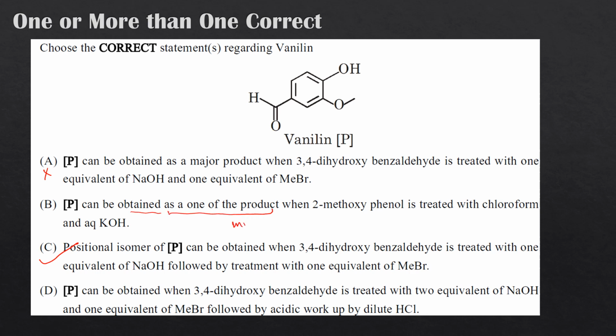It was not major, it was the minor one, but it was definitely one of the products. That's a true answer. And option D said that 3,4-dihydroxybenzaldehyde with 2 equivalents of sodium hydroxide is again going to give us vanillin. So the correct answer to this question was supposed to be B, C, and D. Okay, interesting question, and that's all about the question. We have the answer as B, C, D.